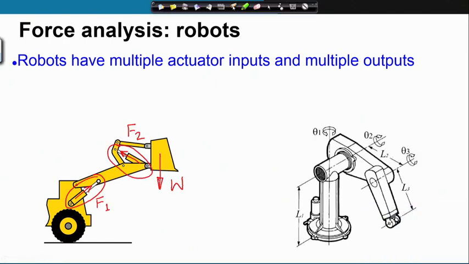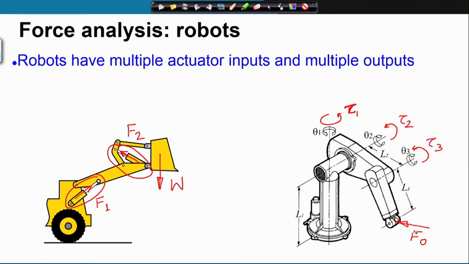In this example of the Puma robot, suppose there is some force at the end effector that must be equilibrated by input torques tau 1, tau 2 and tau 3.